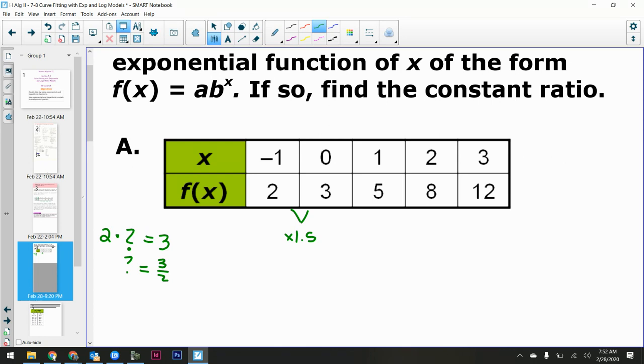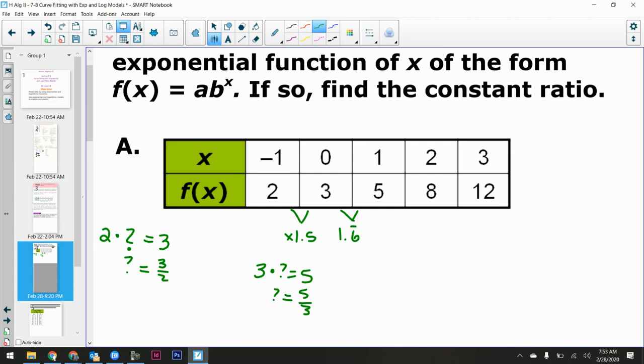Same thing here. 3 times what is 5? Well, 5/3. What is 5/3? 1.6 repeating. Now, I can stop right here because I know that this is not going to be exponential.